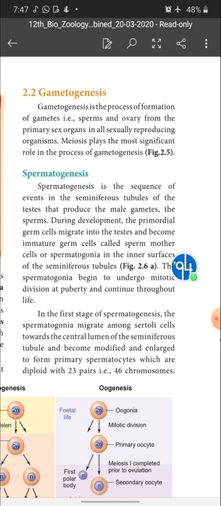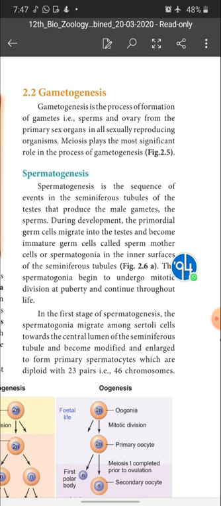Why is it called so? Because the number of chromosomes is reduced by meiosis. But in mitosis, the number of chromosomes is not reduced. It remains as such in the parent cell. But in meiosis, the number of chromosomes is reduced to half. So by meiosis, the gametes acquire the haploid set of chromosomes.